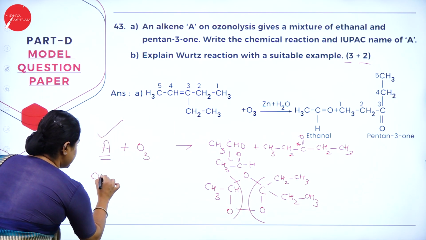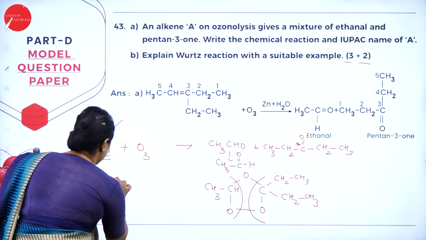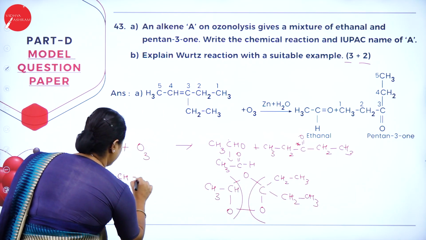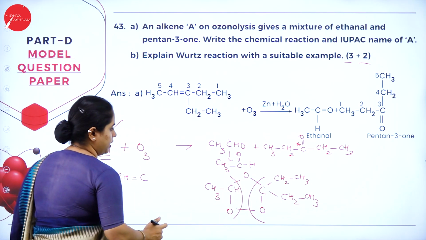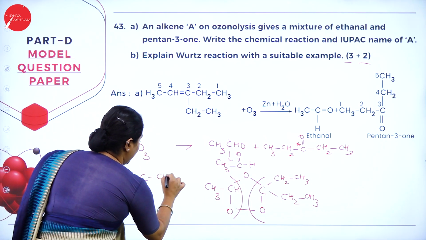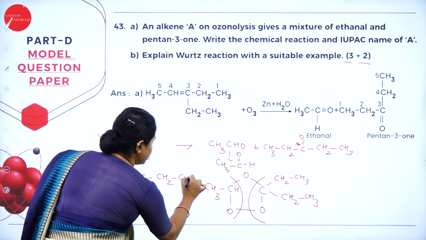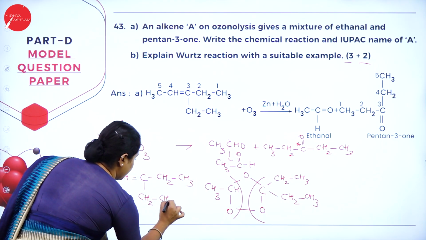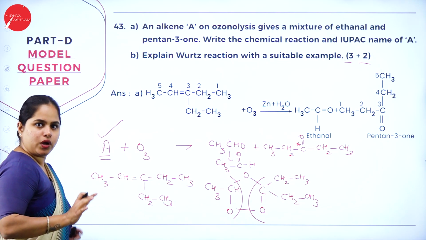So it will be CH3, then you have a CH here, and a double bond is present between this carbon atom and this carbon atom. Now after that, to this carbon atom you have one CH2CH3, and to this carbon you have CH2CH3. So 2 ethyl groups are attached. I hope it is clear.